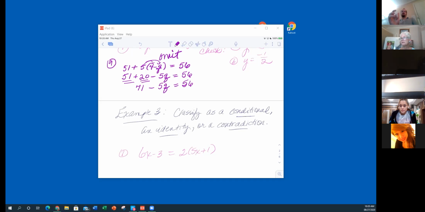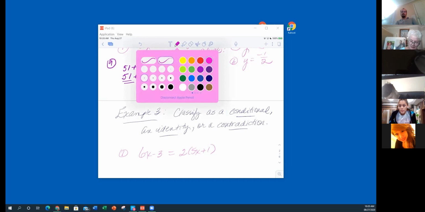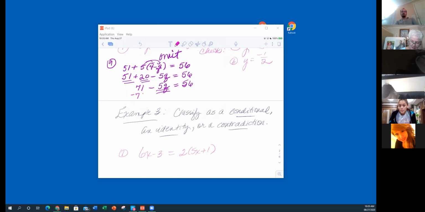And now what I'm going to do is subtract 71 from both sides, because I already have the 5q where I want it, on the left. So I'm going to subtract 71 from both sides. And that's going to give me negative 5q is equal to 56 minus 71.